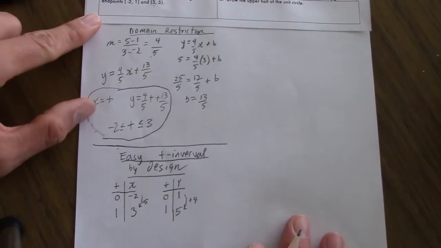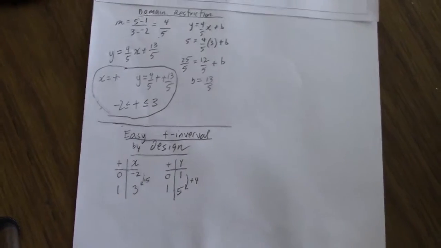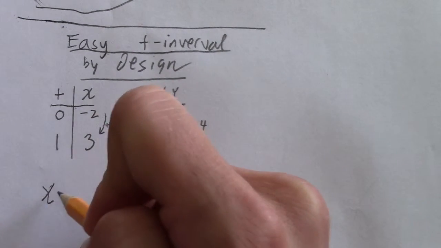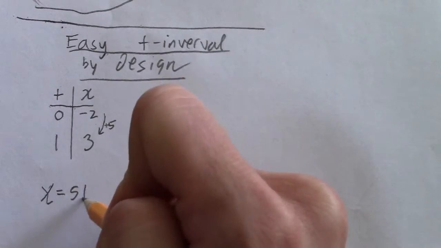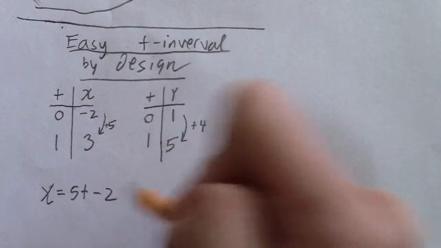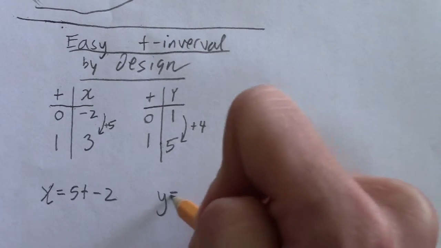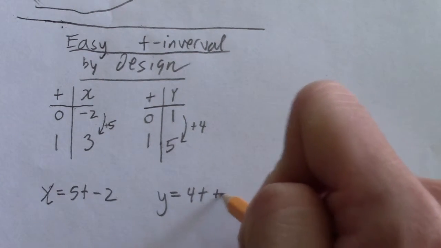All right, so I'm going to zoom down here and zoom in. So I can easily make an equation that does this. So I go up by 5 and I start at -2. And then my y values go up by 4, but start at 1.